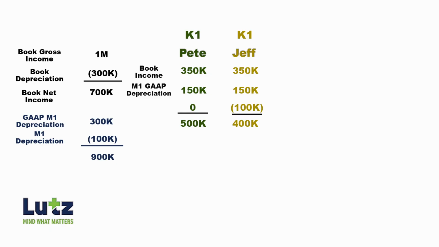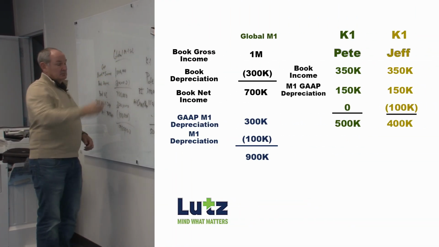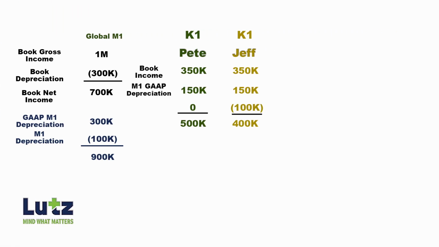Okay, so this piece of how do we take that special allocation and run it through the M1 schedule, my procedure, for lack of a better description, is start with global. This is just your global M1 schedule. This is no different than the M1 schedule you're going to do for an S Corp, partnership, C Corp, whoever. This is exactly the same.